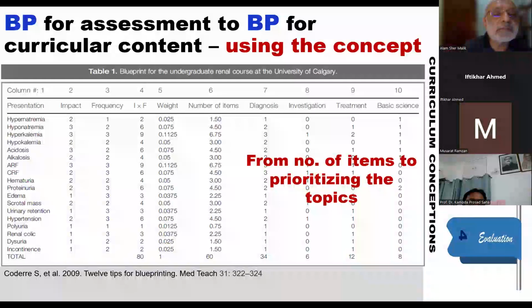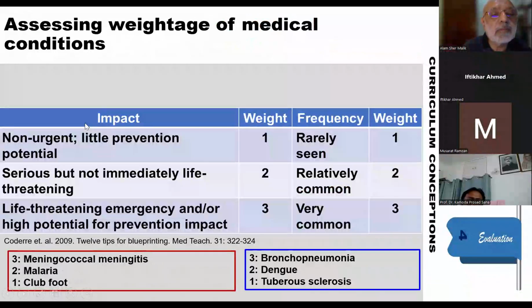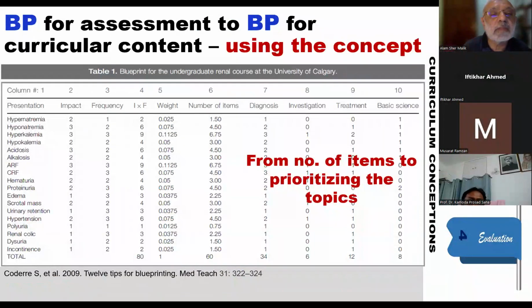The impact is 2, frequency is 1, and when we multiply impact with the frequency, it comes to 2. And so under the renal system, we identify all the topics and we calculate their impact and frequency, then impact times frequency, and then a total.